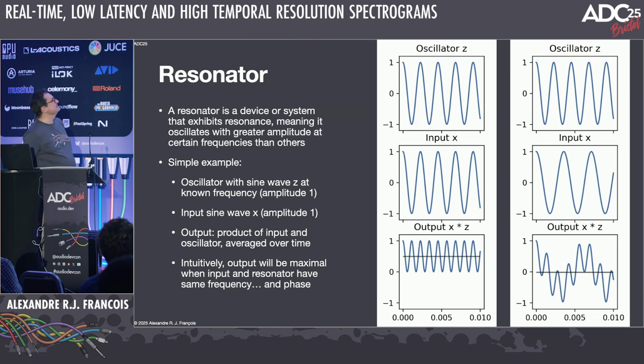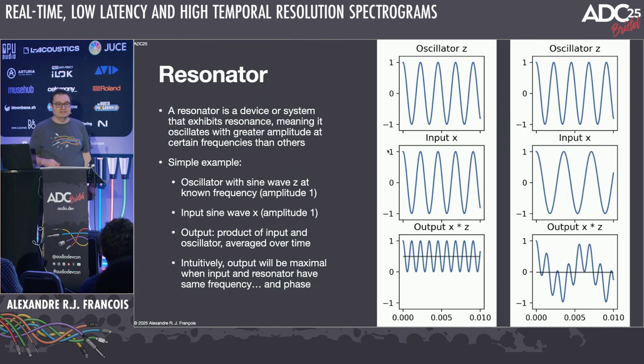So what's a resonator? A resonator is a device or system that exhibits resonance, meaning it oscillates with greater amplitude at certain frequencies than others. So let's take a very simple example. You have an oscillator at a given frequency. That's the top one.